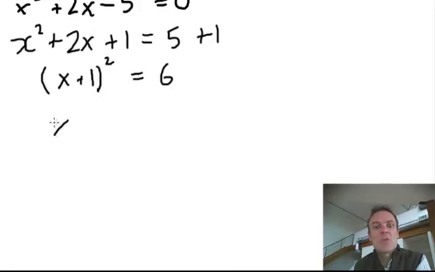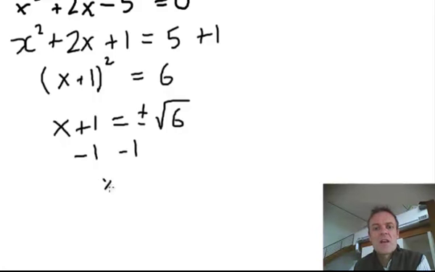If I square root, I get x plus 1. If I square root a 6, I get plus or minus square root of 6. I can't do anything more than that. If I now take away 1 from both sides, x equals negative 1 plus or minus root 6.